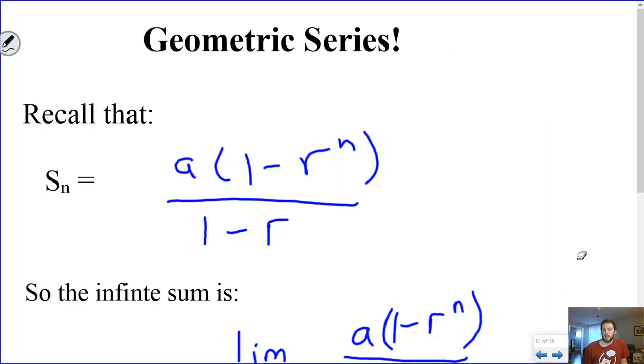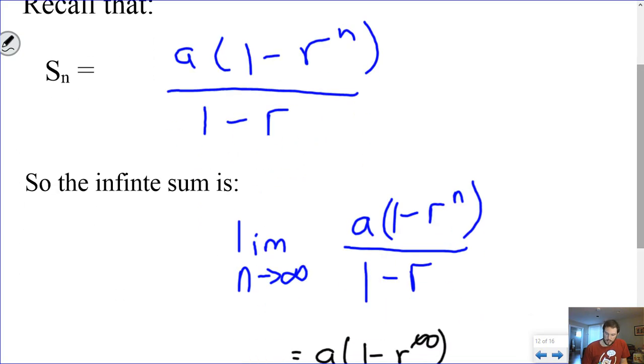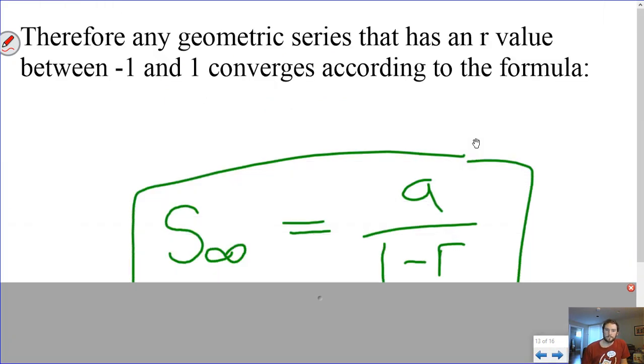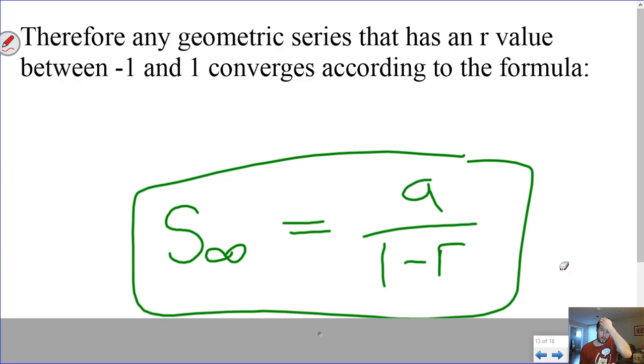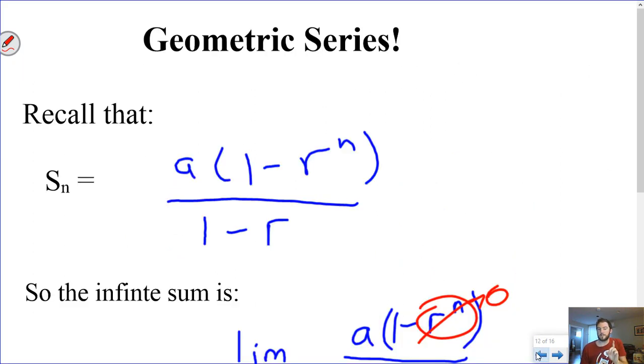So now, if this exponent right here becomes 0, what is my new formula? A over 1 minus r. And let me just clarify something quickly. This might not look like the formula that we talked about during the other video.